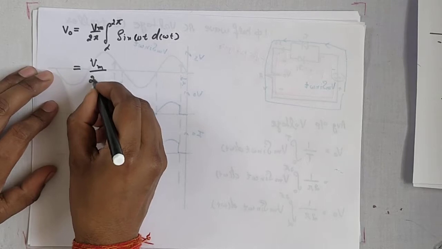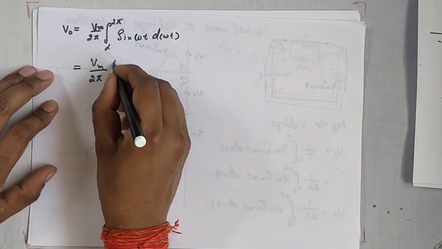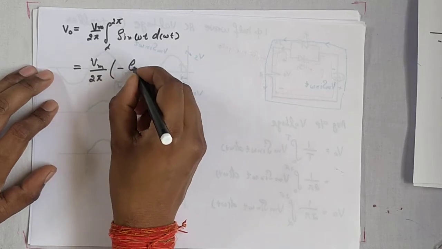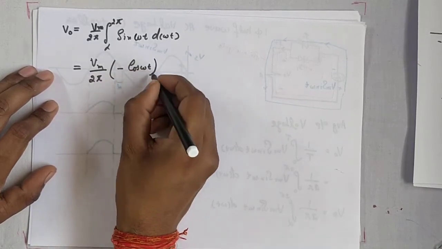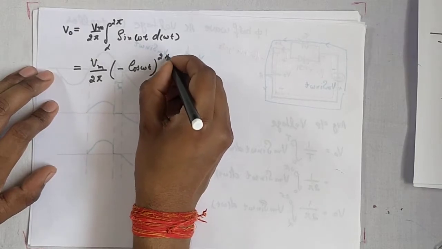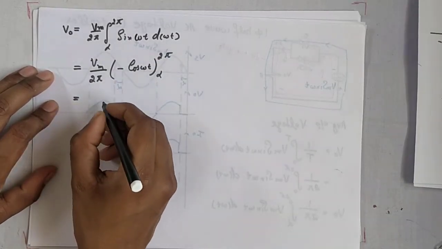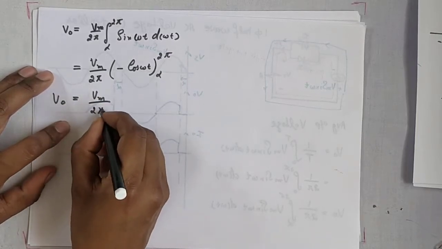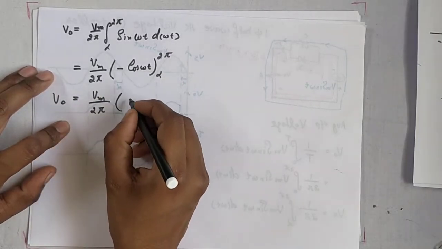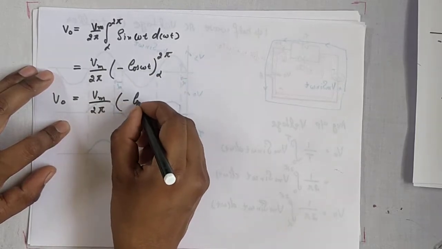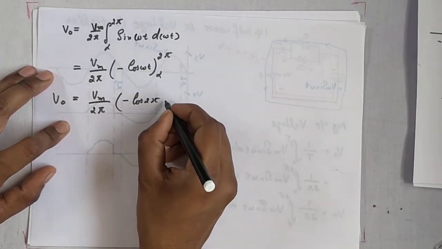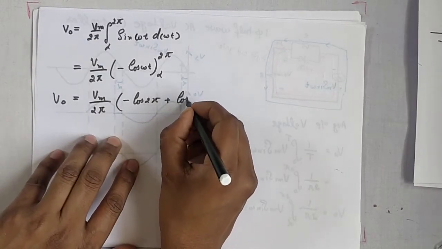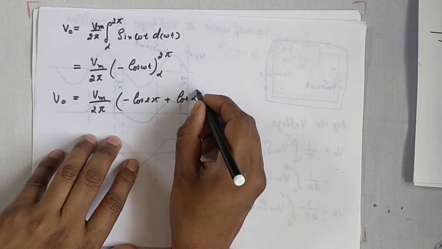Vm by 2 pi, integration of sin omega t is minus cos omega t, from alpha to 2 pi. So V naught equals Vm by 2 pi, minus cos omega t from alpha to 2 pi, that is minus of cos 2 pi plus cos alpha.